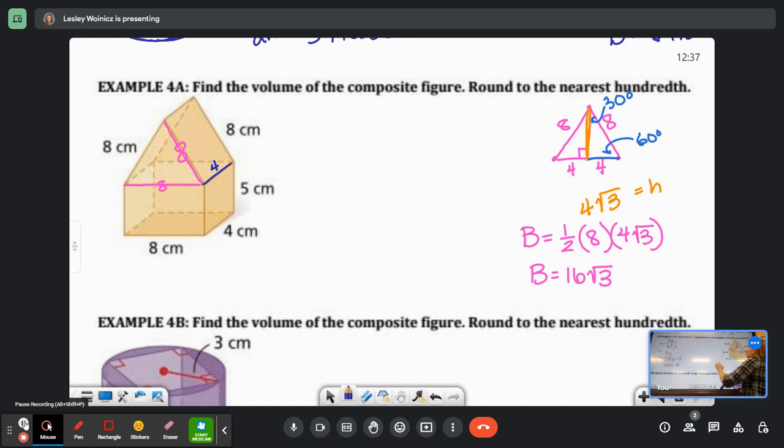Good. So our volume is going to be our base times height. Let's write this as, this is for a triangular prism, plus this length times width times height for our rectangular prism.